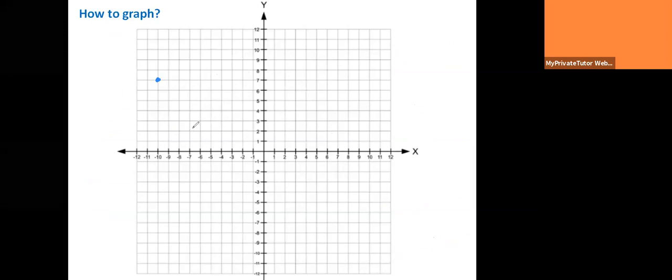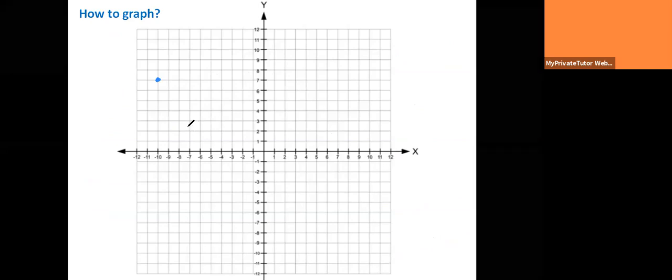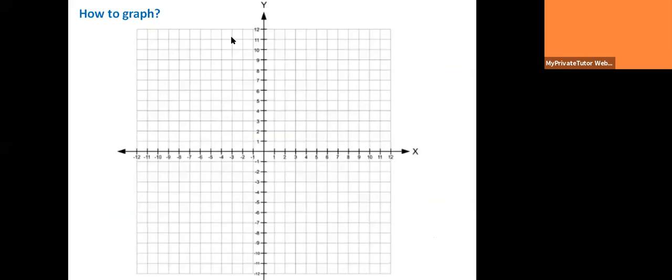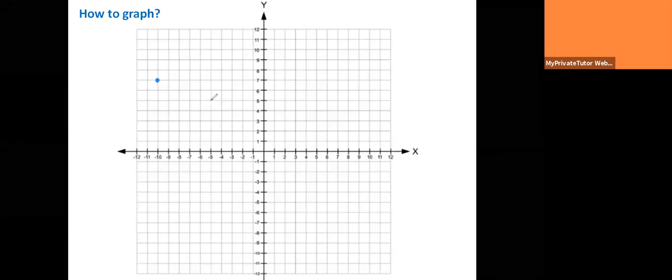And then the next one, -5, 5. I forgot the number. So -5, we have a 5 here, guys. Have a look at this.